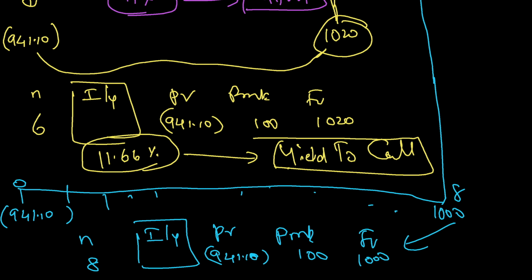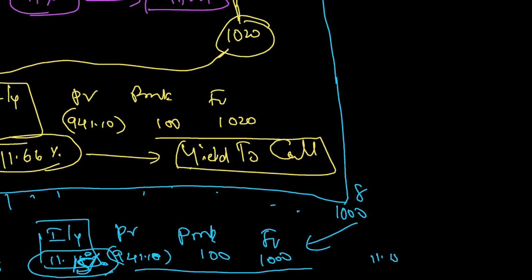So 8 N, IY I need to find out. 941.10 minus present value, 100 payment, 1000 future value, compute IY. This comes to 11.15 percentage. So this is 11.15 percentage yield to first par call.